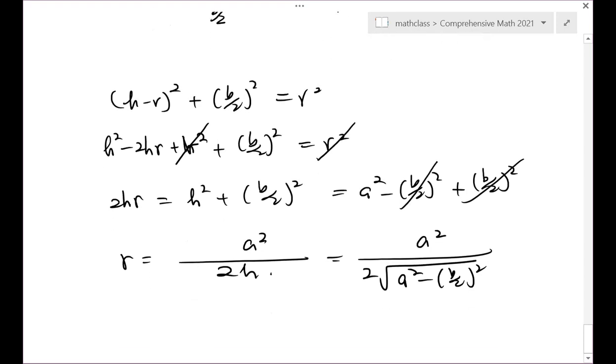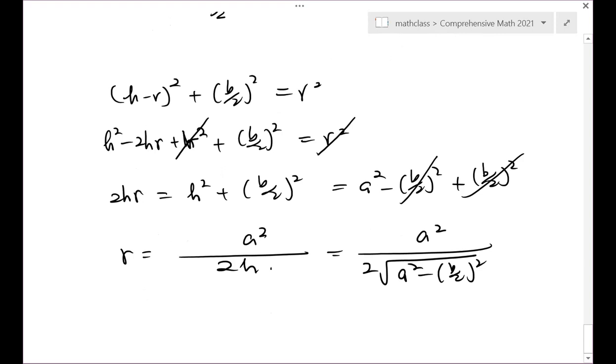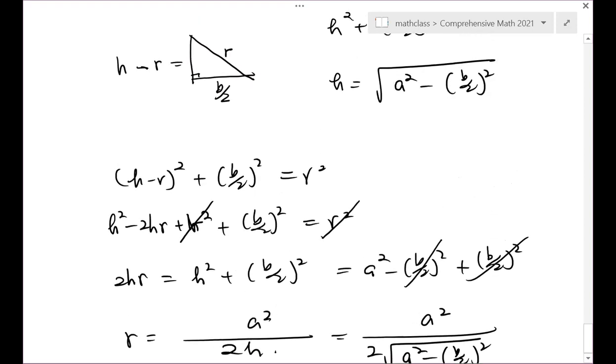So if we find a and b, then you can just plug the numbers into this formula, and then you solve the problem. That is how we get it.